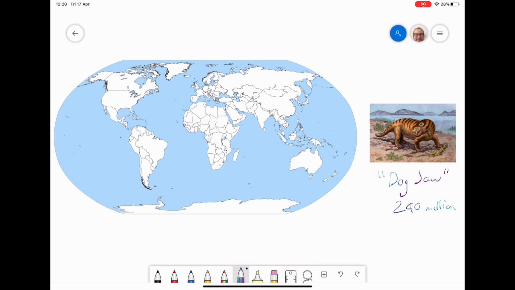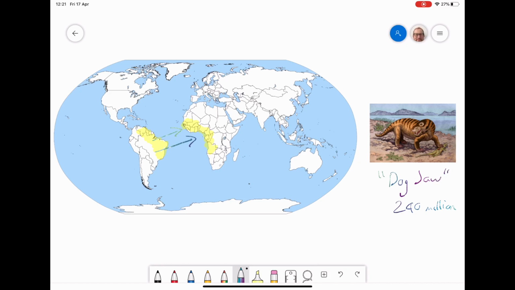But lots of very clever scientists found fossils of this dog jaw in South America, but then they also found it in West Africa. And the only reason they could think that this animal that couldn't swim was found in both of these areas is that at one point these 2 bits of land would have had to have been connected.